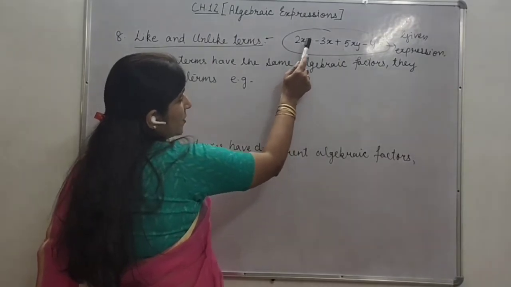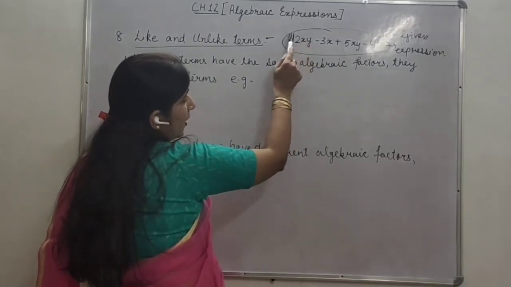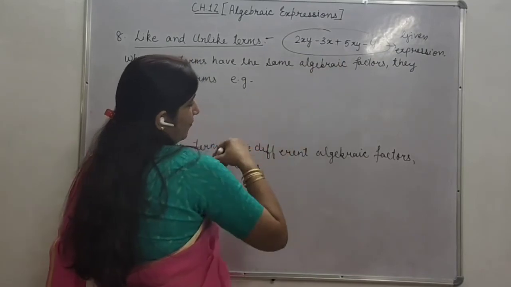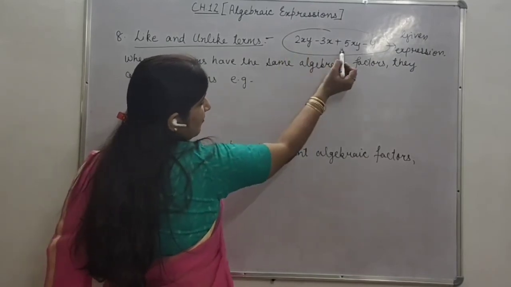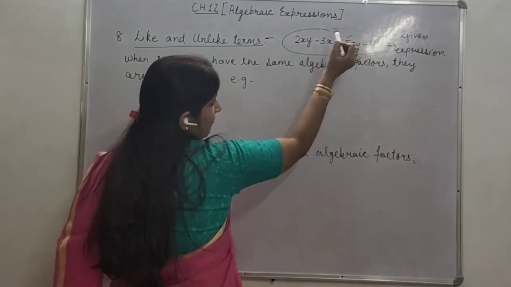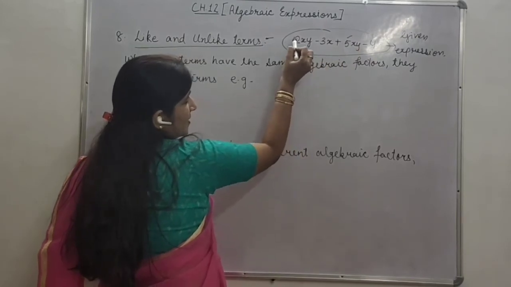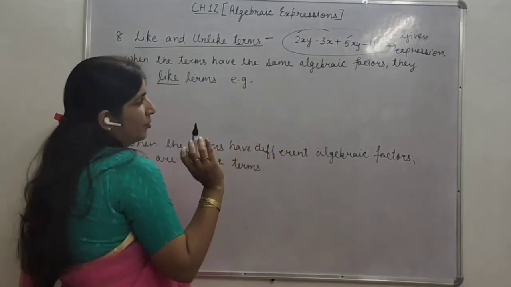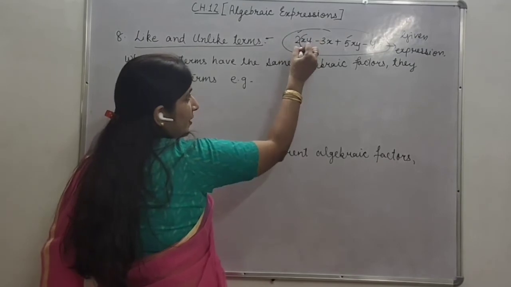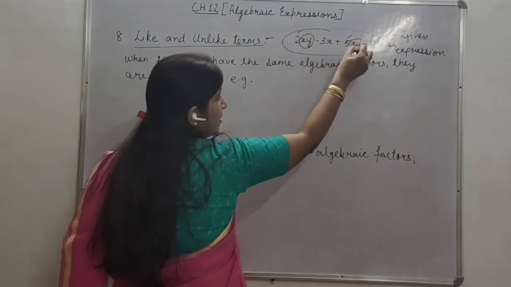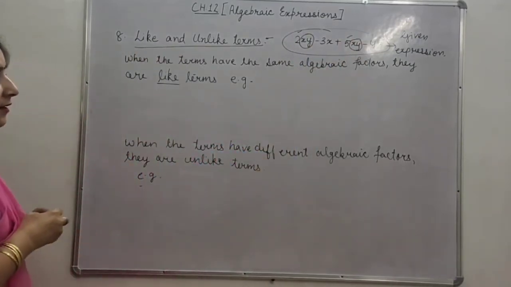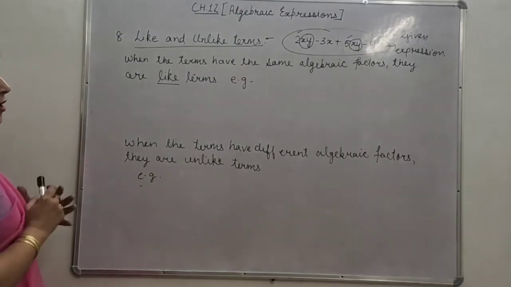Suppose you can see here 2xy and 5xy. In this the numerical factor is different. What is the numerical factor here? 5. What is the numerical factor in this term? 2. So this can be different, no problem. But the algebraic factor, meaning the variable factor, should be the same in the expression, that will be the like term.